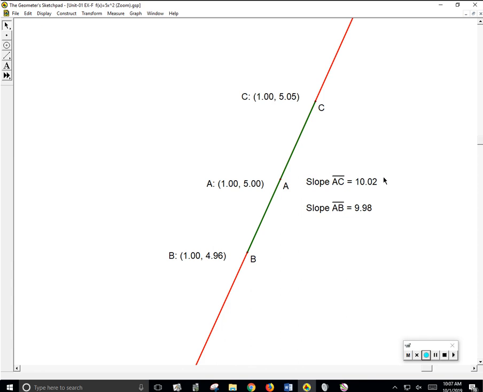Wouldn't get any closer. If you could keep pushing them in, this number would become something like 10.0000000001. And this number would become 9.999999999.